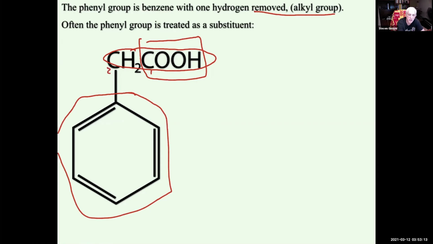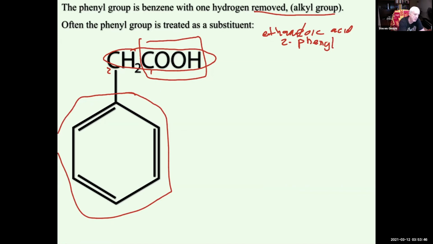That's our main chain. So that's ethane, right? 2 carbons is ethane. Okay, it's a carboxylic acid. We drop the E, add oic acid. And at number 2 carbon, we have an extension, an attachment to it. Okay, substituent group, 2-phenyl. Okay, remember benzene ring is called phenyl when it attaches to the main chain.